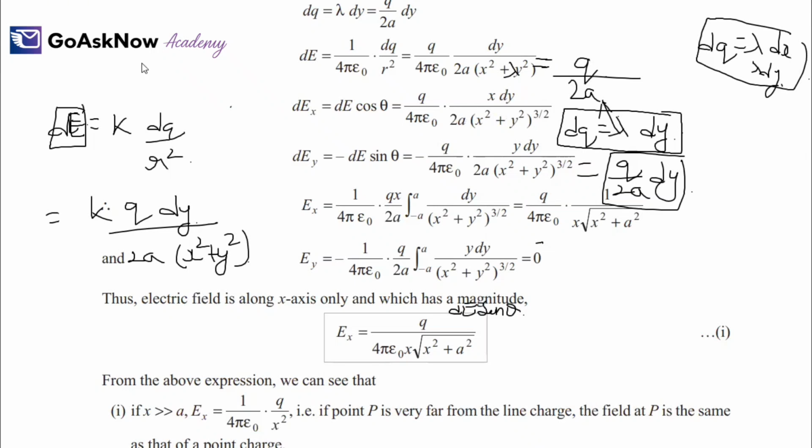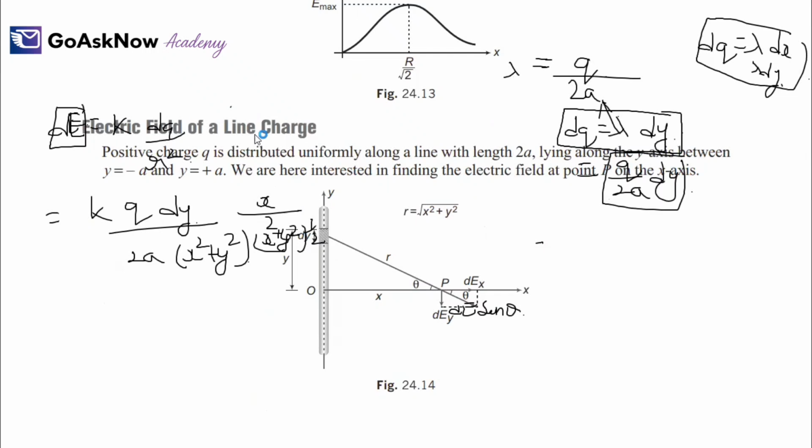Why? Because dE cos theta is there, and you have just found the dE value. Now cos theta is equal to x by x square plus y square to the power half, because in this triangle, cos theta has this value.